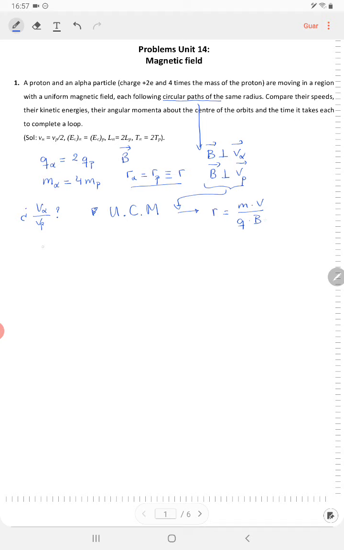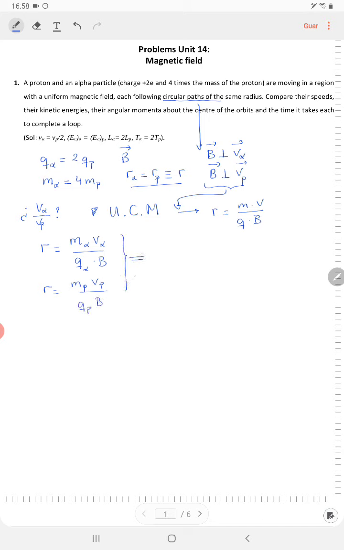So for the alpha particle, R is equal to m alpha v alpha divided by q alpha B, with the same magnetic field for both. For the proton, R is m proton v proton divided by q proton B.